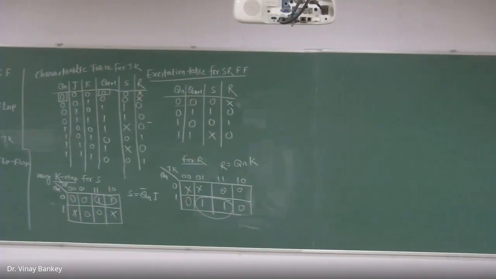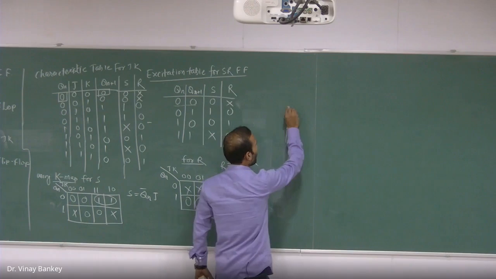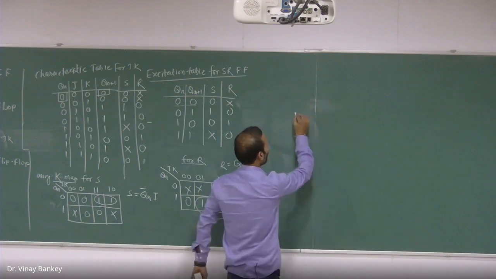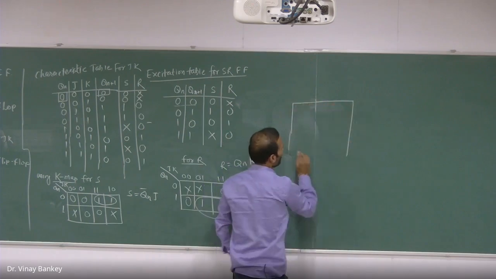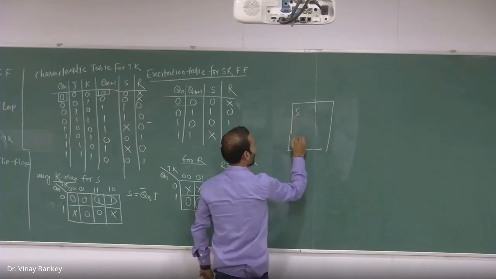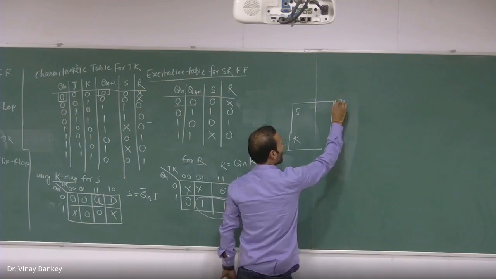Now we'll design the circuit. We have this SR flip-flop with us because the question says design or implement JK flip-flop using SR flip-flop. So we have this, and we need to make this a bigger one. Okay, this is my S and R, and here you have Qn.